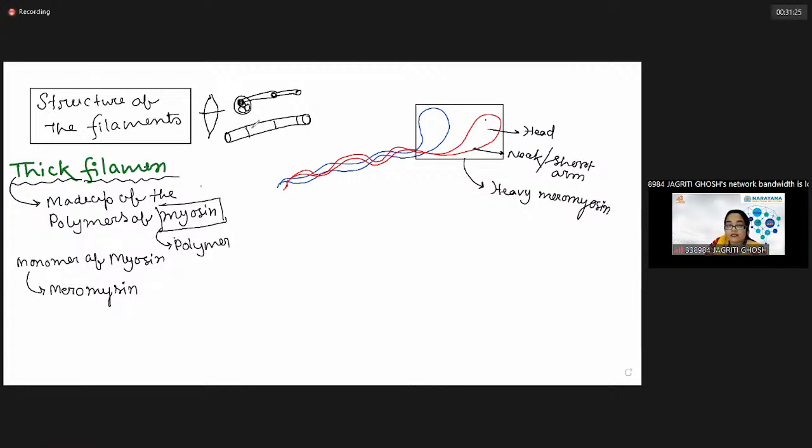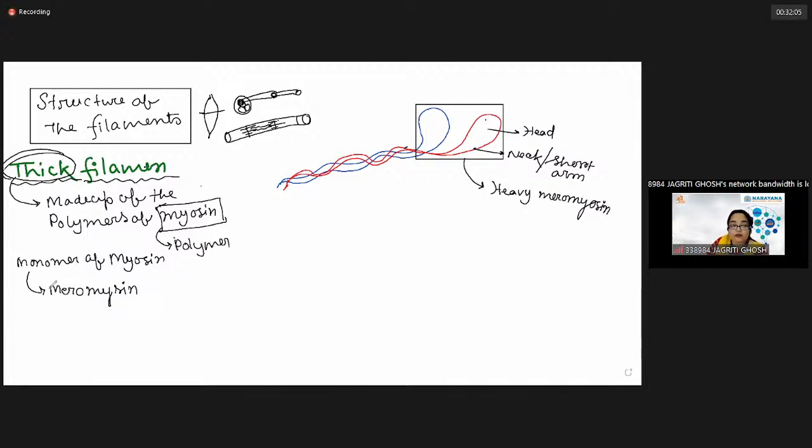In the sarcomeres, some light, thin filaments are present, called actin filaments, and some thick filaments are present in between two actin filaments. We are talking about the structure of the thick filament. This thick filament is made up of a polymer of myosin protein, and now this is the structure of a myosin monomer. Myosin monomer is called meromyosin.